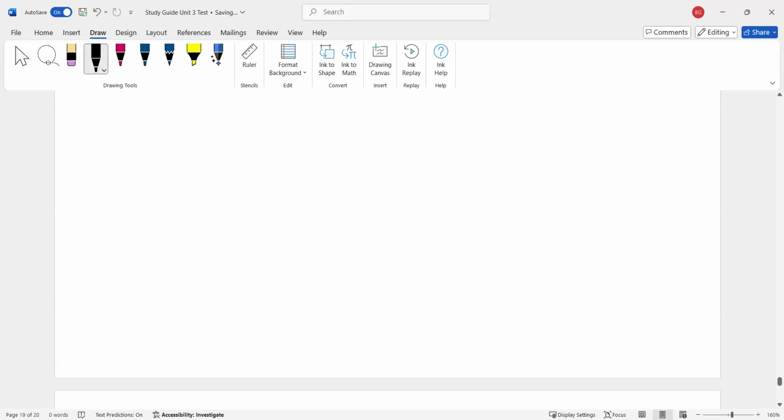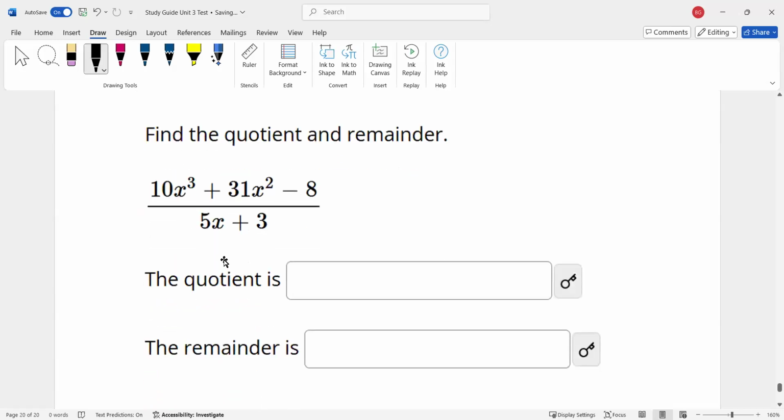The last problem, we have 3 minutes. The denominator is not in the format of x minus k, unfortunately. So we would have to do long division. But long division still requires both top and bottom in standard form.